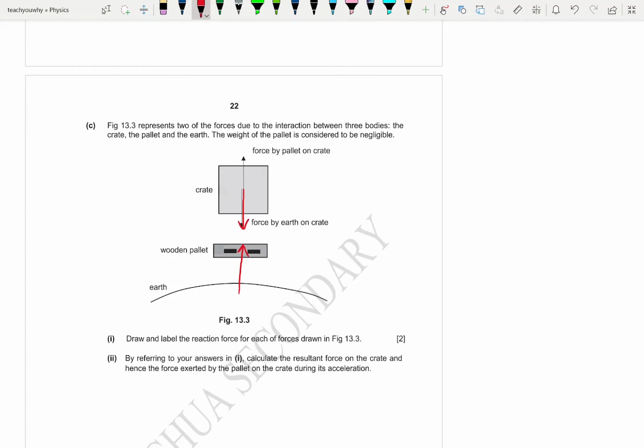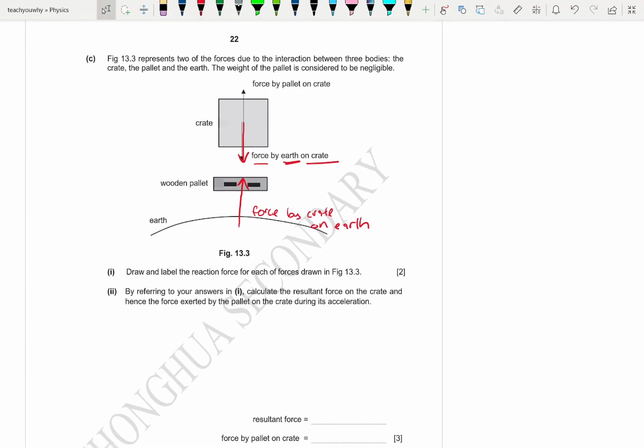What this means is that as much as the earth is attracting the crate, the crate is also attracting the earth. That's what it means by Newton's third law. Because it's the force of earth on crate, this is the force by crate on earth. Sounds funny, yes. The crate is having a gravitational attraction to the earth. It sounds a bit counterintuitive, but I will explain in some other videos.